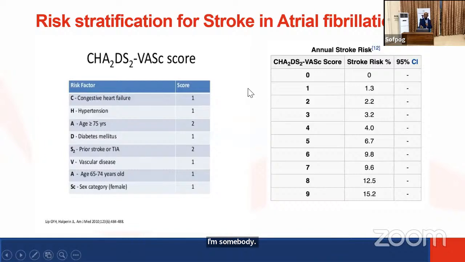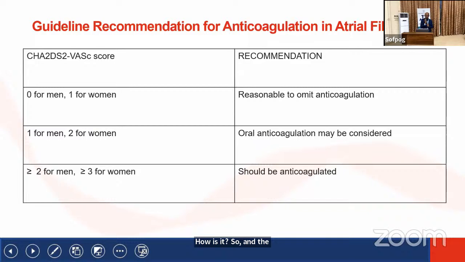So once you get atrial fibrillation, try and use this risk score to help you decide whether your patient is at high risk of getting stroke within the year or not. When you calculate the risk score, if you get a man whose score is 2 and above, that person needs anticoagulation.